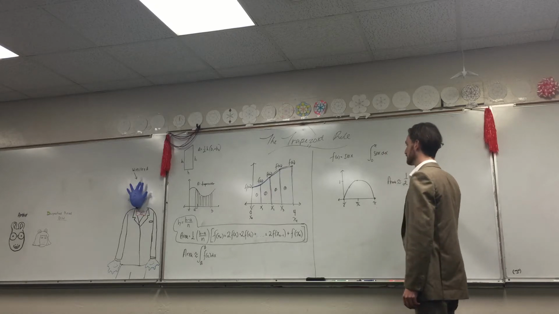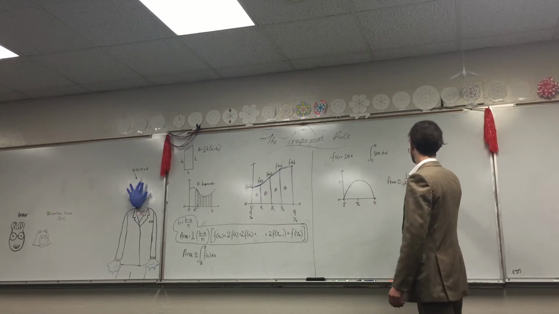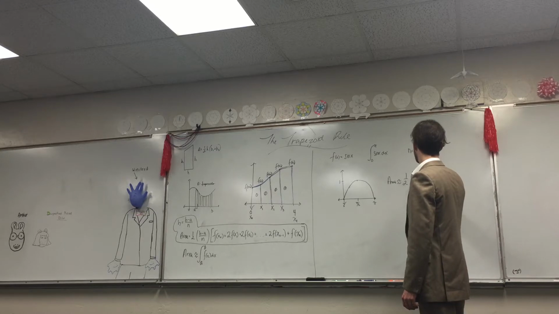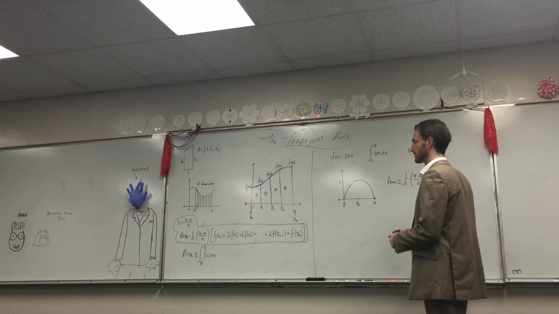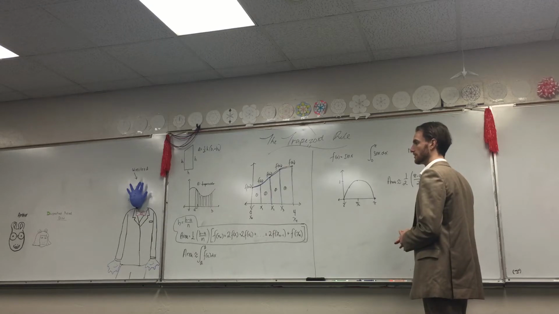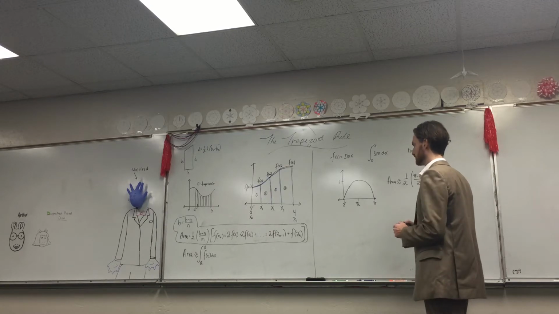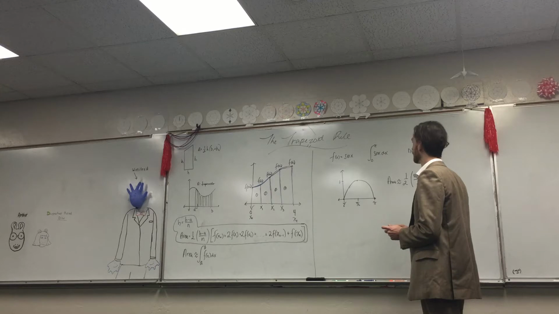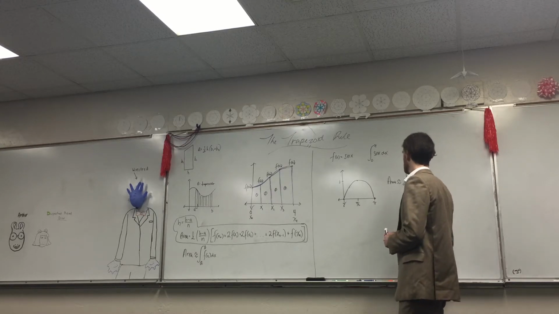And what's my interval? Pi minus 0, over 2. Really quickly, you see we have the interval up there, right next to f of x equals sine of x, and to the right of that, what's a and b? 0 and pi. Okay.